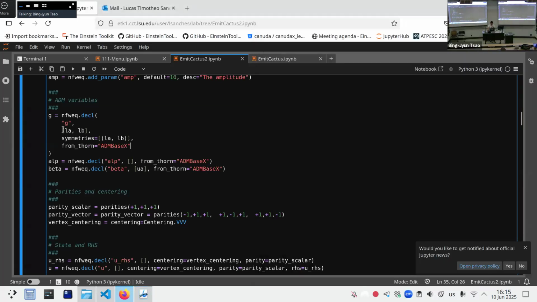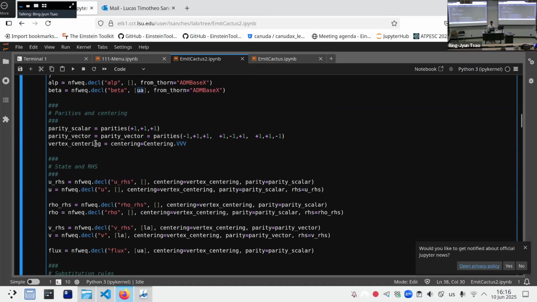Right, and of course, we have to say that this is obviously a 2-index tensor, and this is also a symmetric tensor because it's the metric, right? And we read it from ADM base X. Now, we also need to read the lapse, and we need to read the shift. The shift is a vector, so this is why it takes the UA parameter here, right?